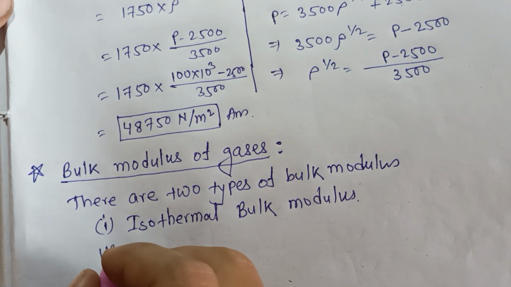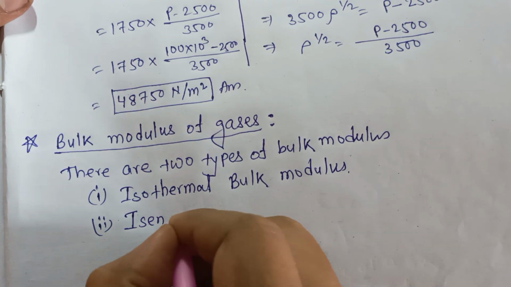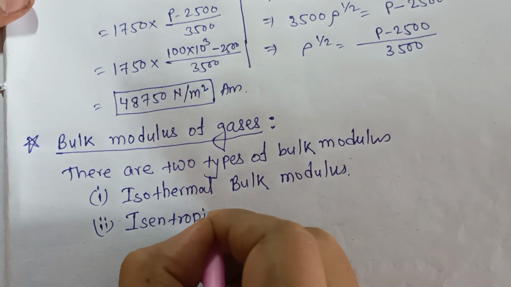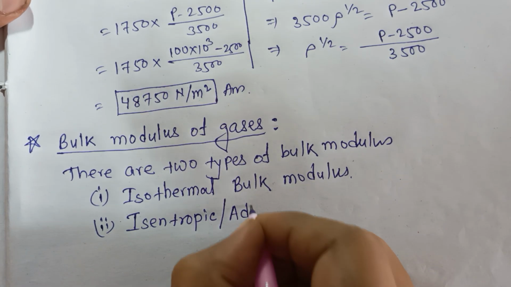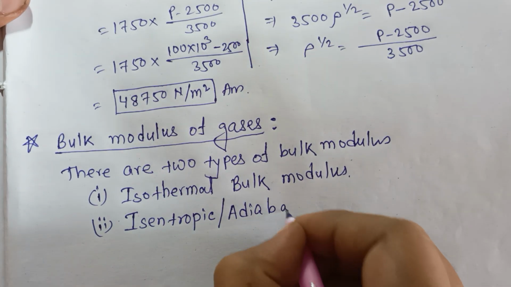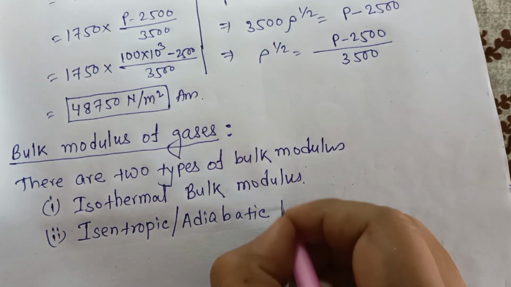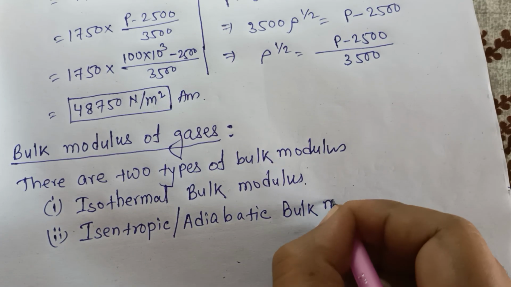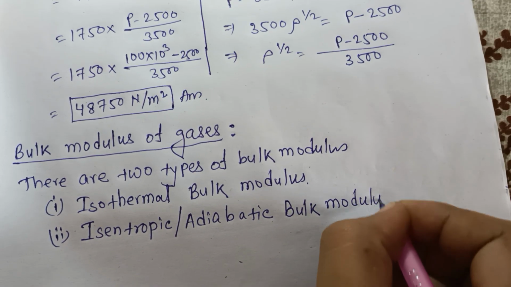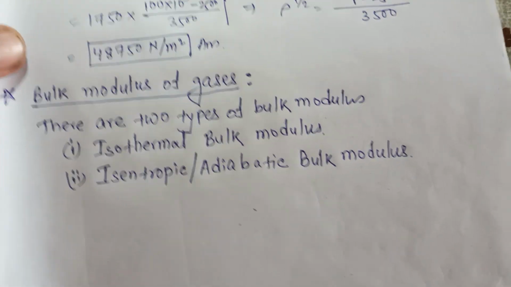Isentropic process is also known as adiabatic process. Okay, so these two types of bulk modulus are very, very important.